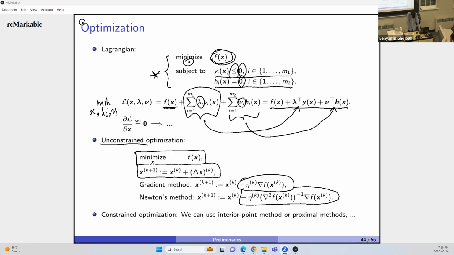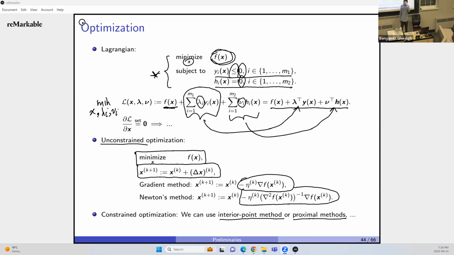Okay. Also, for constraint optimization, we can use interior point method or proximal methods. What is interior point method? Out of the scope of this course, but just for you to know, although in one of the lectures, we will see semi-definite programming. We will not solve that, but we will say that we will end up with a semi-definite programming problem, and we'll say that can be solved using any optimization toolbox, and most of the optimization toolboxes nowadays use the interior point method.